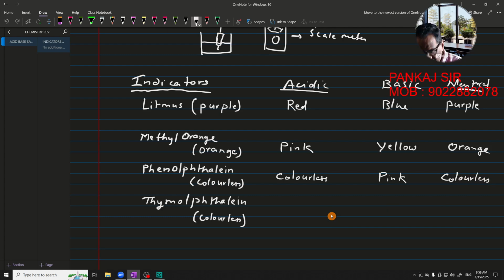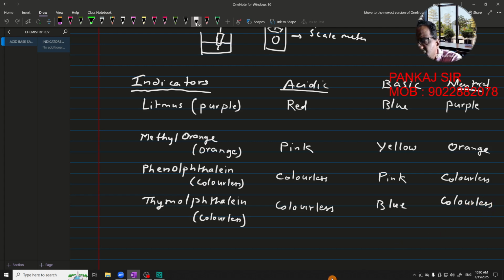Coming to the last one, thymolphthalein. This is originally colorless, and in an acidic solution it will again remain colorless, same as phenolphthalein. But in a basic or alkaline solution, it will turn blue. And in neutral solution, it is going to remain colorless.